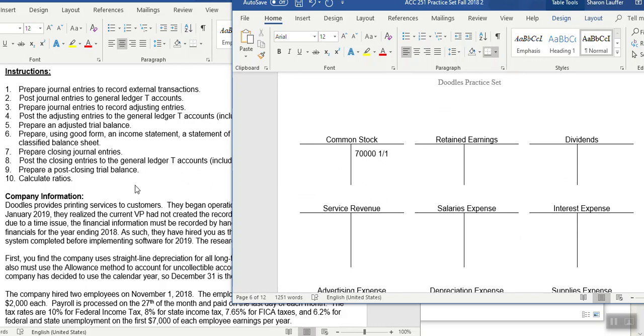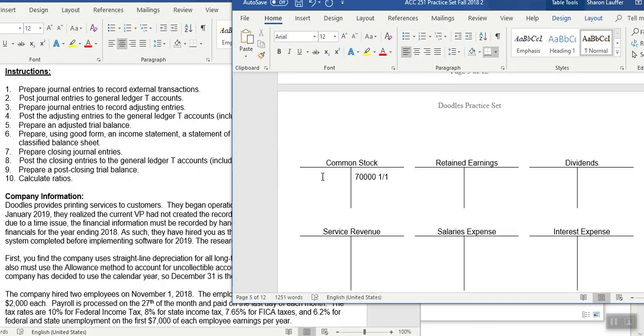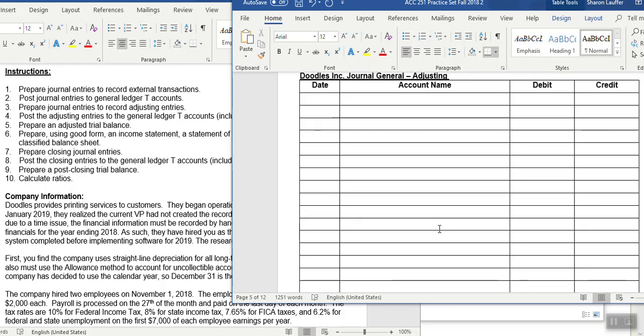And then once you do those closing entries and post those, prepare a post-closing trial balance. So the post-closing trial balance is the balance of all of the accounts that still have balances. So that should be all your assets, all your liabilities, and your equity accounts, all the way through retained earnings. Dividends, revenues, and expenses should all be 0, so they don't need to go on the post-closing trial balance.